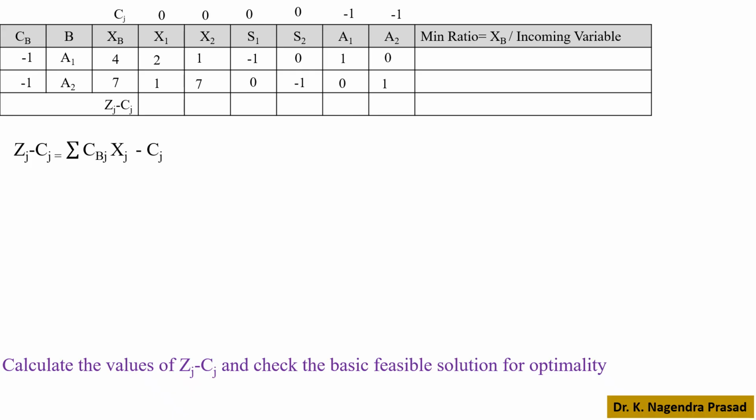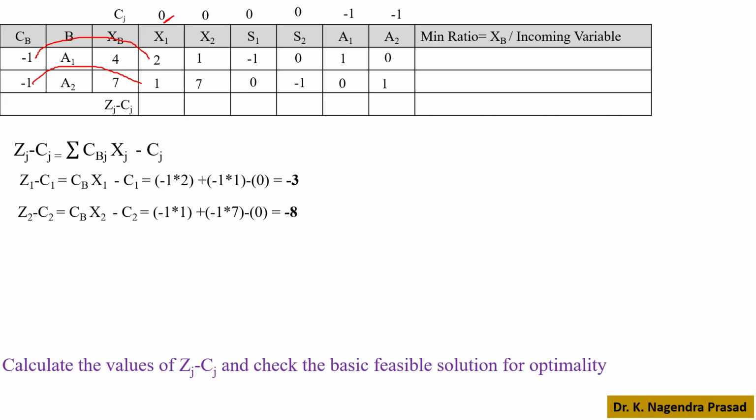Z1 minus C1 is CB times the x1 coefficient, so -1 into 2 plus -1 into 1, minus Cj. For x1, the Cj value is 0. So it is -3.